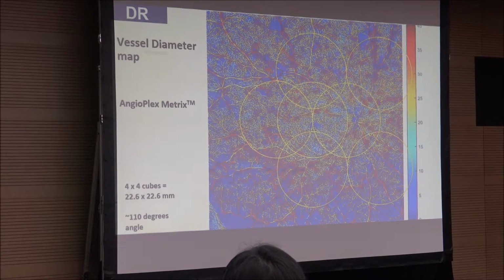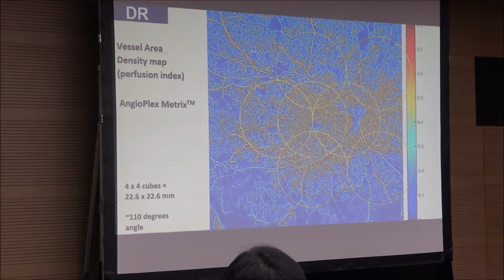You can also use these metrics to look at the vessel diameter map, both within the 7 field of view and also outside the 7 ETDRS field. Also you can look at the vessel density map, which is basically the perfusion index.